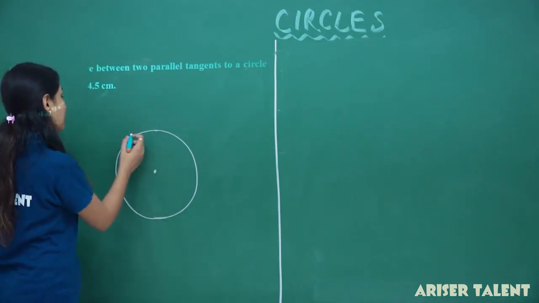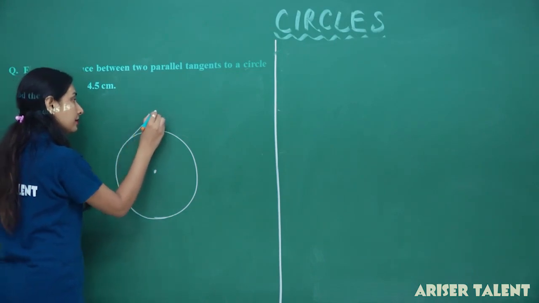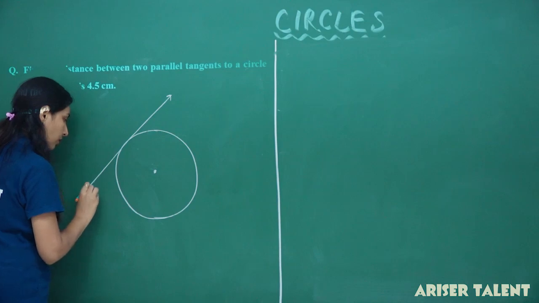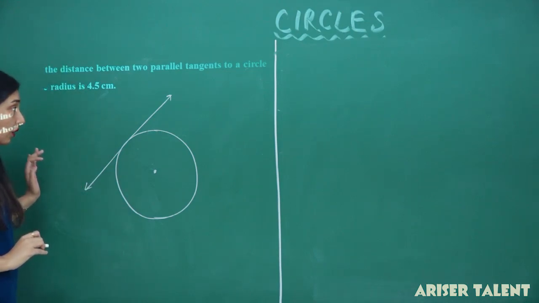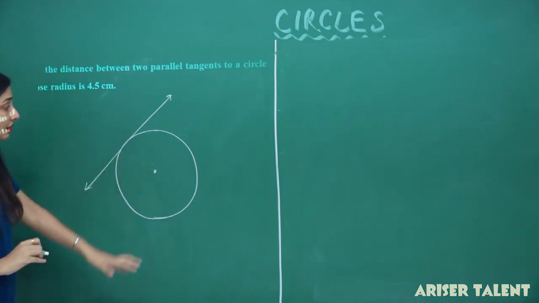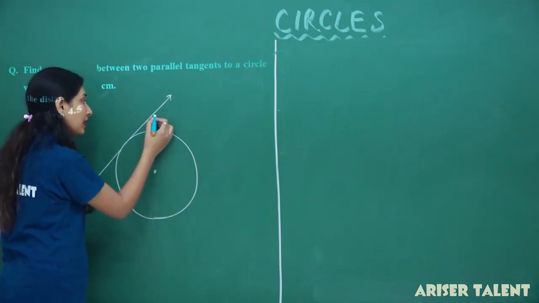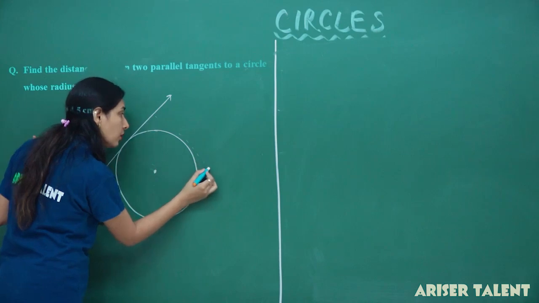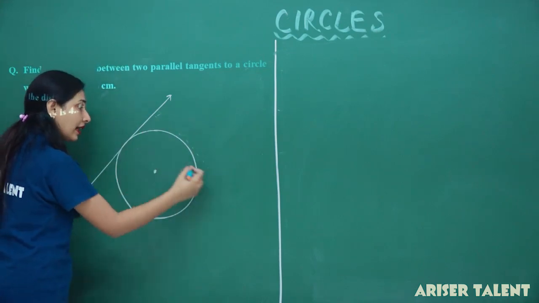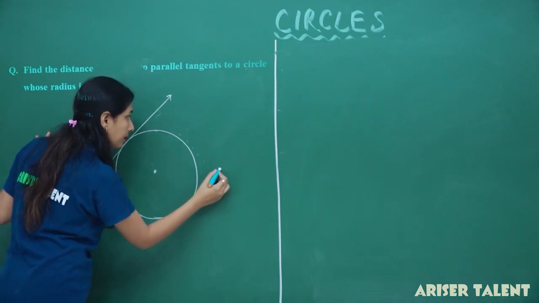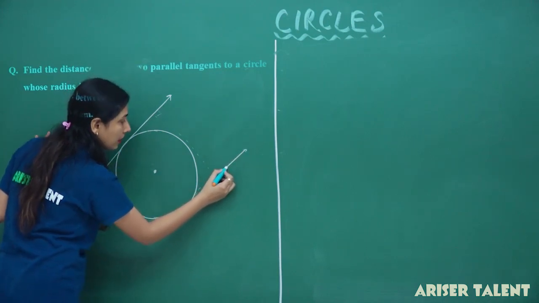Okay, now I am having parallel tangent. If I am having a tangent parallel here, okay, now what will be the next tangent parallel to this? I'll draw a parallel line to this. Okay, so by construction I can do that. Okay, 90 degree here, and somehow I will end up like this.